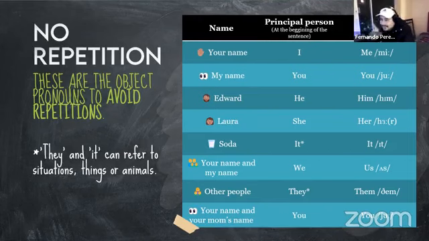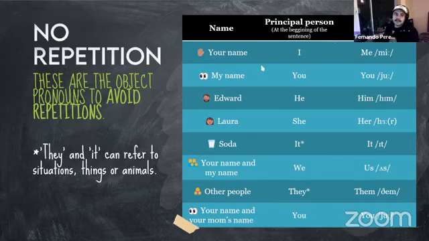Ese es el objetivo número 1 de esta clase precisamente. Crear la necesidad de usar pronombres cuando realmente no los usamos en español. Tómenlo como una nota, ¿vale? Ese es el objetivo número 1.